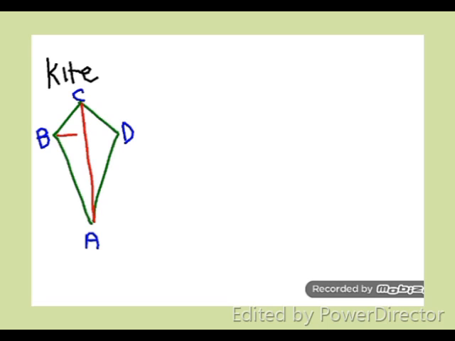Next one is the kite. This kite has side AB, BC, CD, and DA, wherein side AB is equal to side AD, and the side BC is equal to side CD.